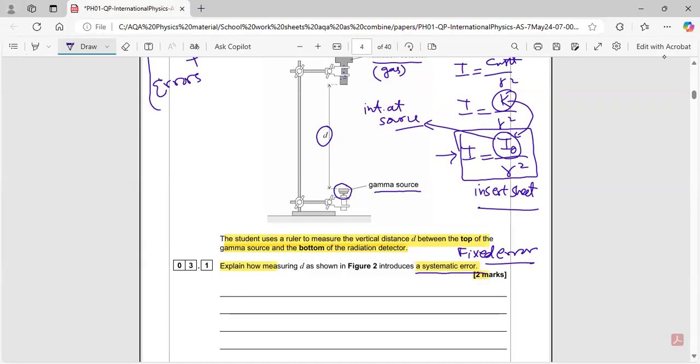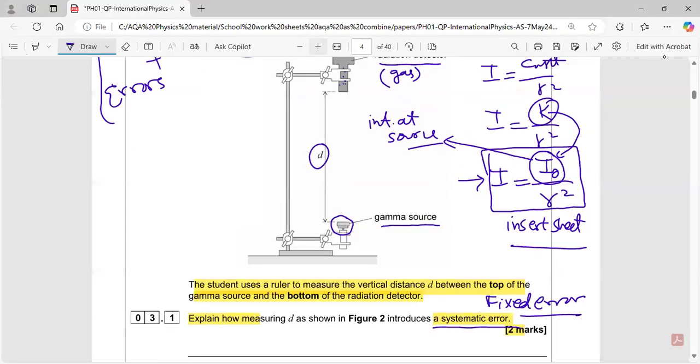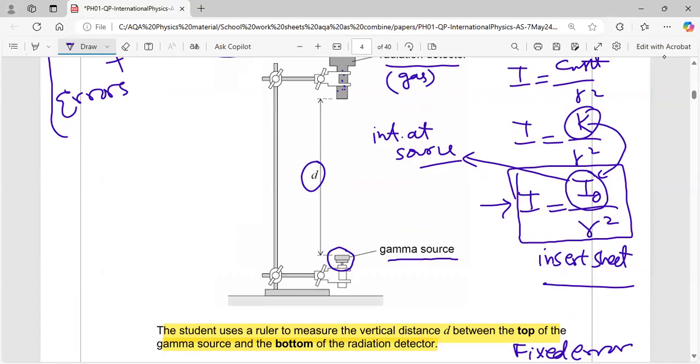Okay, the first thought can be that maybe the ruler is uncalibrated, the ruler markings are not correctly calibrated over there, right? But this is not the answer. Actually, if we look from where the gamma source is producing the radiation, if I just zoom in, it's not that the gamma radiation is produced from the surface.